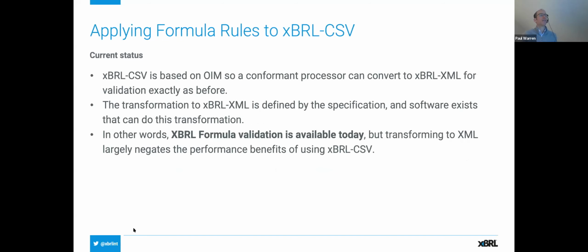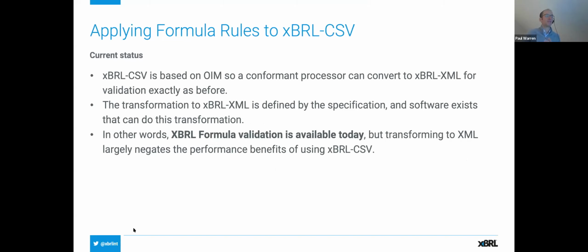So I'll just very quickly touch on that. xBRL-CSV is based on OIM, as is xBRL-JSON, which means that a conformant processor can convert those files into XBRL-XML format, which means you can validate them just as before. So you can already apply formula validation rules to CSV reports and to JSON reports. That's available today.